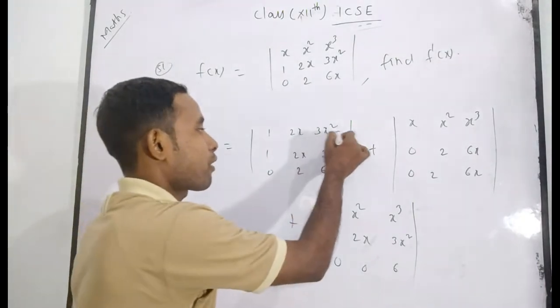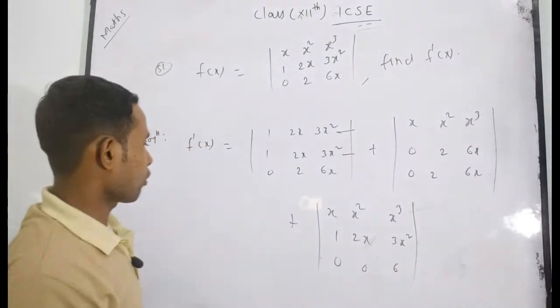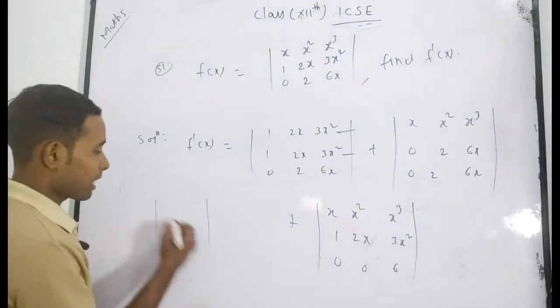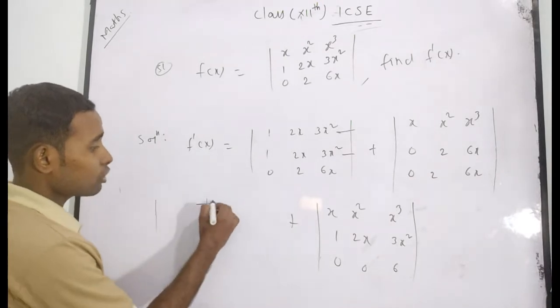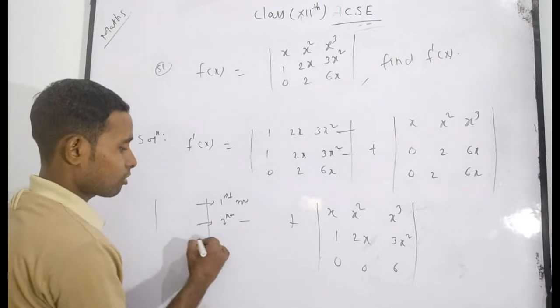Simply see here, the first row and second row are the same. I think you know the property of determinants. Suppose this is your first row, this is your second row and this is your third row.